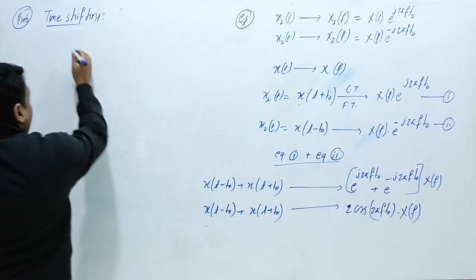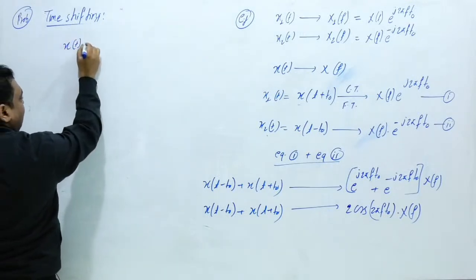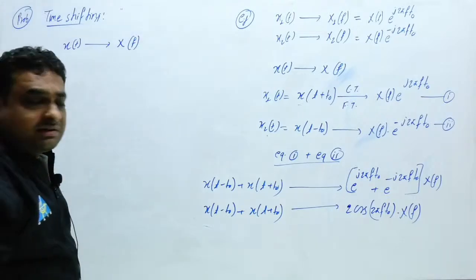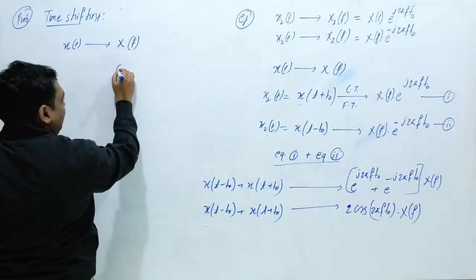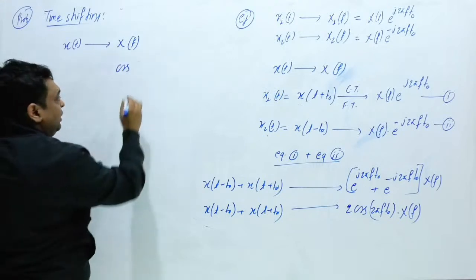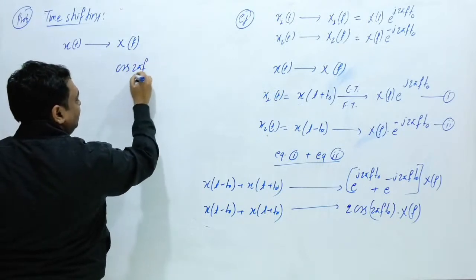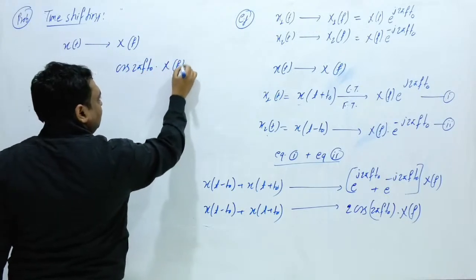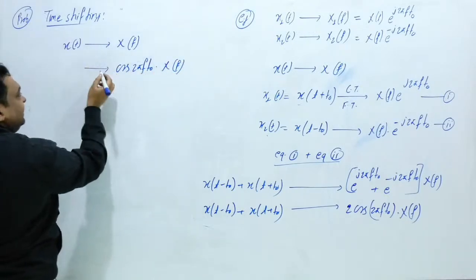If x(t) Fourier transform is X(f), and now you multiply here cos 2 pi f0 t, you can say cos omega t0, multiply with X(f). Then what should happen on the left side?